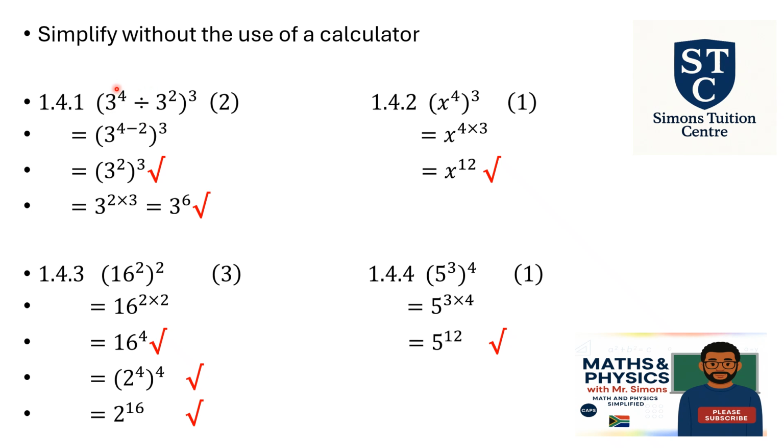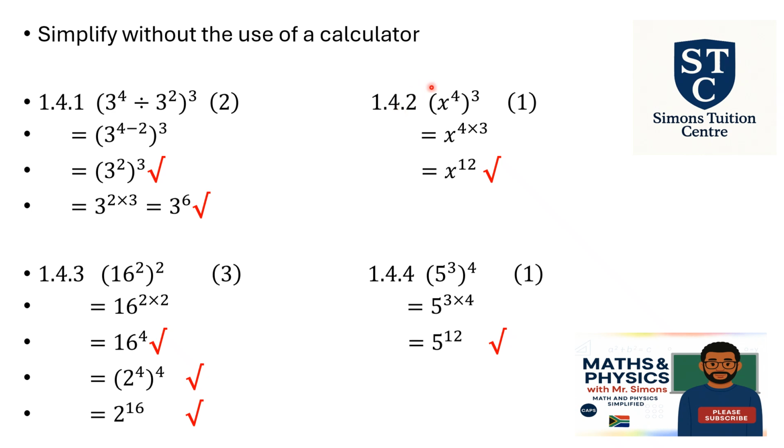Subtract the exponents. So therefore my base is 3, 4 minus 2. That becomes 3 to the power 2. 4 minus 2 is 2. Raised to the power 3, so that becomes 2 times 3, which then gives me 3 to the power 6.